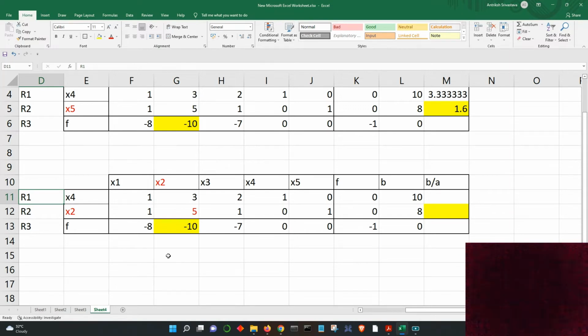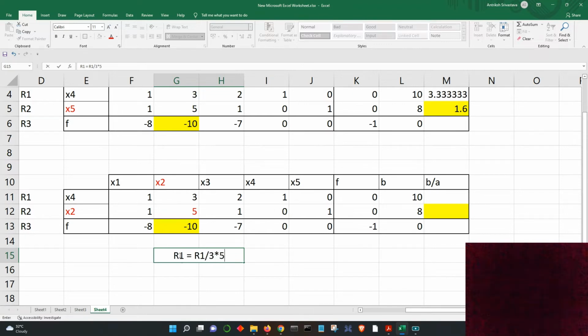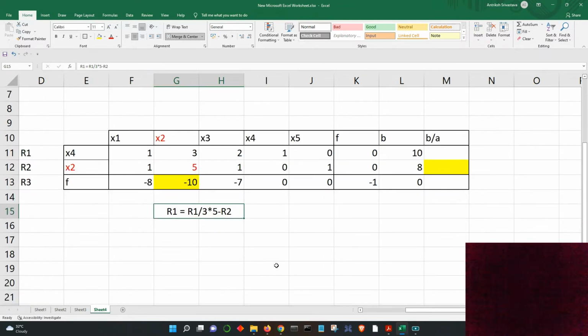Since we have Excel at our disposal, let me do a very rude operation. That is, let's do for R1. R1 is equal to R1 divided by 3 into 5 minus R2. Is this going to help us? What do you guys suggest?